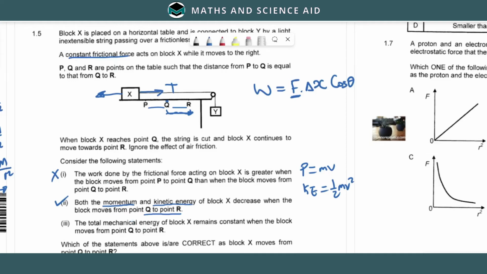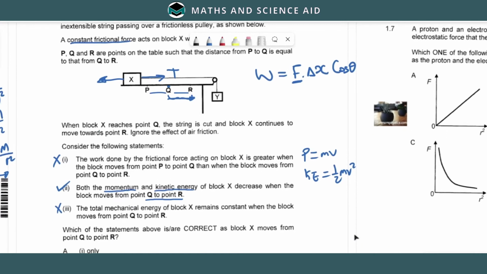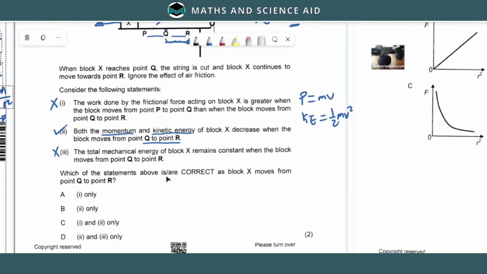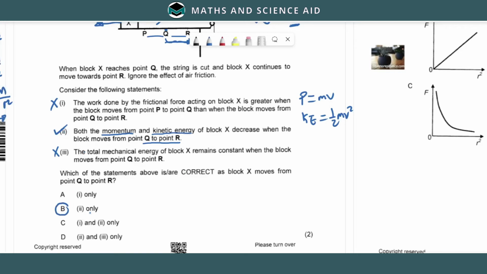And friction is a non-conservative force, so this is an incorrect statement. So they ask which of the following above is or are correct as block X moves from point Q to R. Therefore, it means that the answer is B, because statement 2 is the only correct statement.